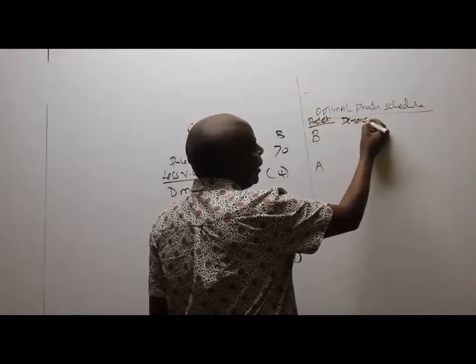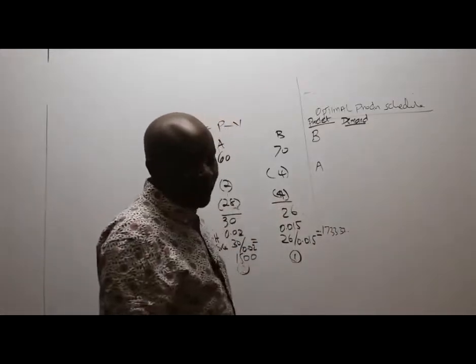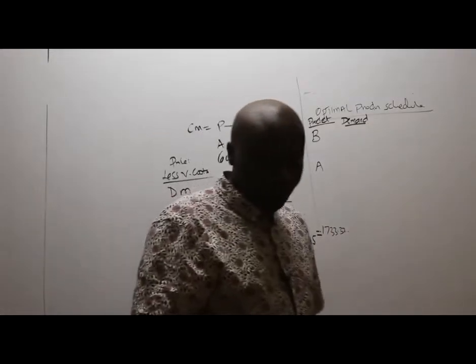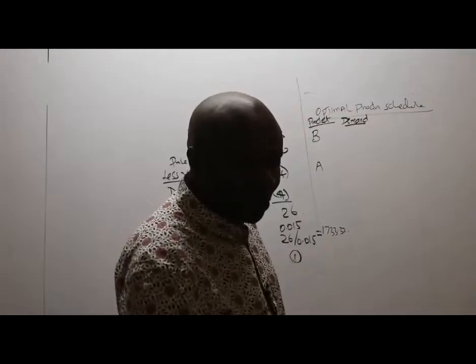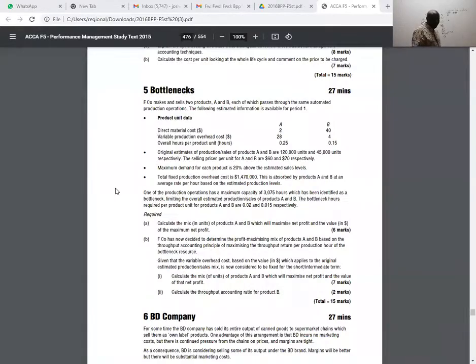So demand, is there anybody who is able to see the demand for product B that has been given? Is there anybody who is able to see 54,000 for product B?